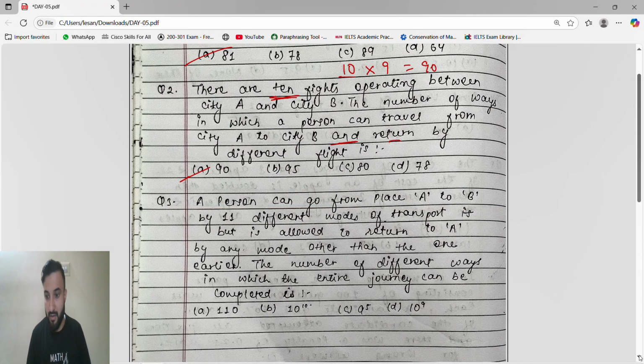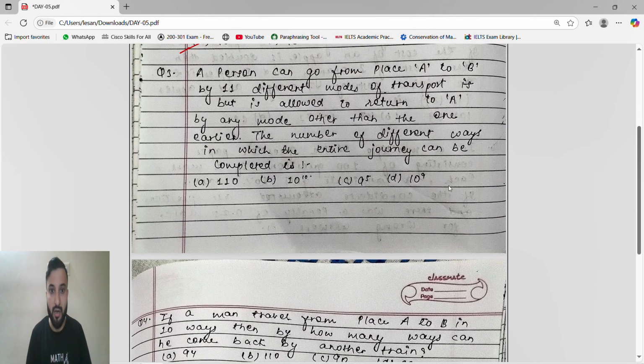Third question. A person can go from place A to place B by 11 different modes of transport, but is allowed to return to A by any mode other than the one earlier.